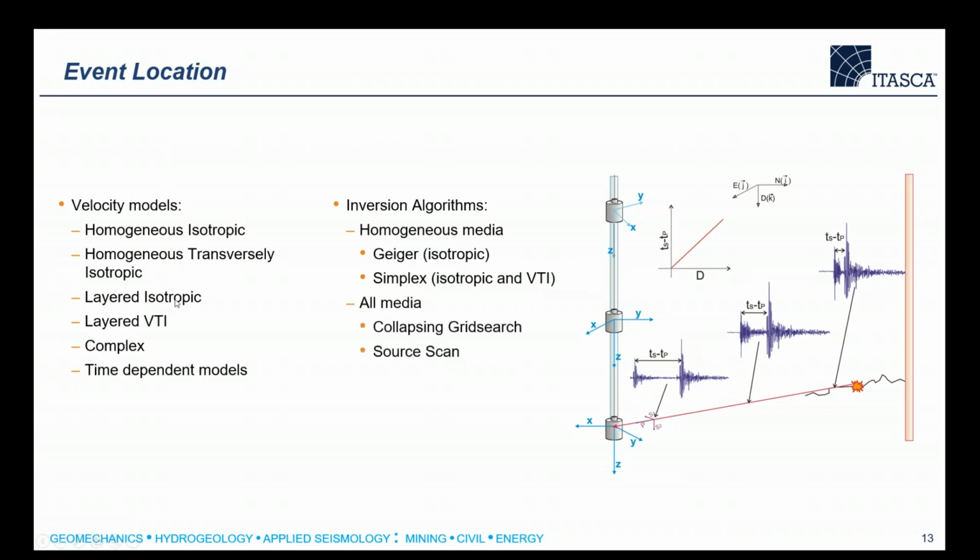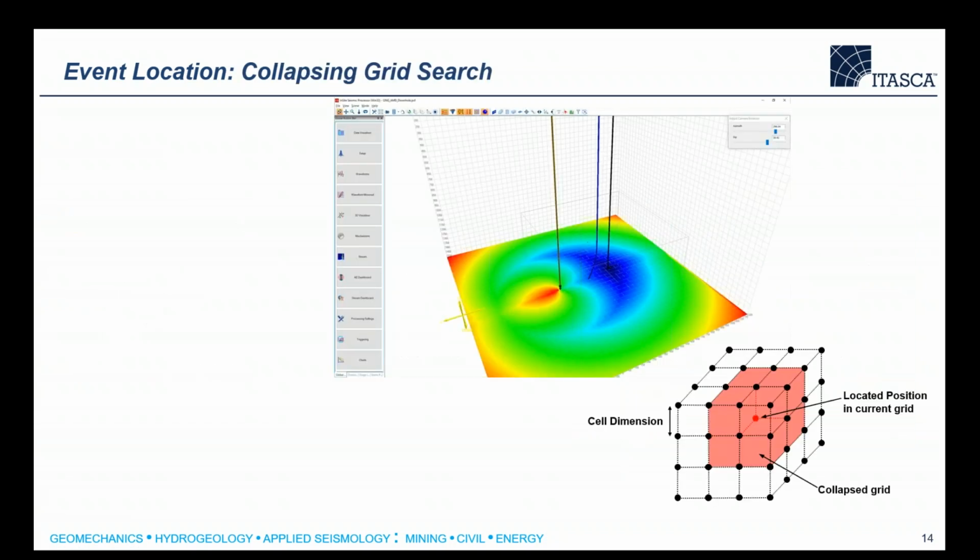If we want to work with more complex media, we have to use one of these tools, the collapsing grid search or the source scan. What's the collapsing grid search? It's an exhaustive search in a volume that is being gridded.